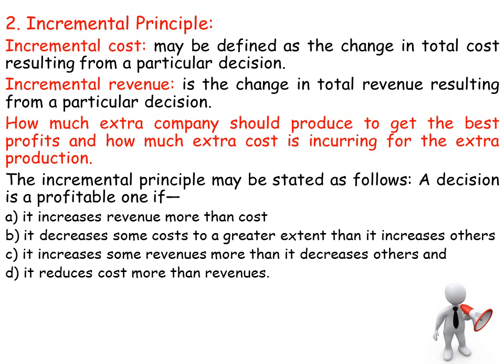How much exactly must the company produce extra in order to get the best profit, or to maximize profit, or to reach the maximum point of profit? How much do they have to produce?